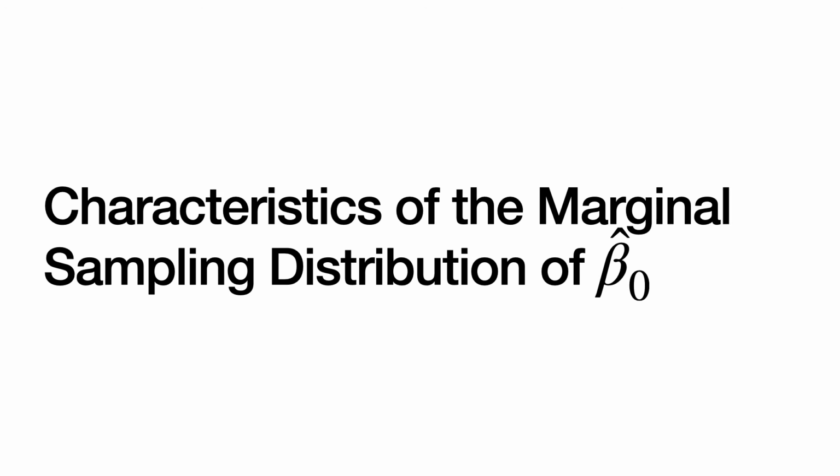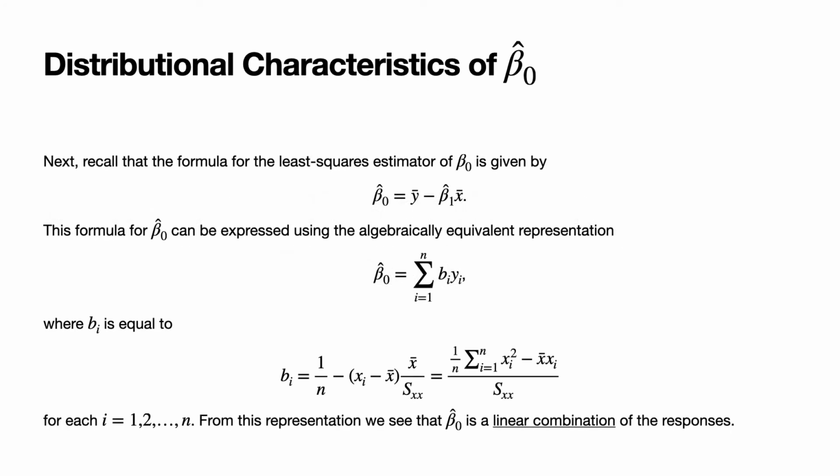All right, next, let's look at characteristics of the marginal sampling distribution of beta 0 hat. Recall that the formula for the least squares estimator of beta 0, which is denoted by beta 0 hat, is equal to y bar minus the product beta 1 hat times x bar.